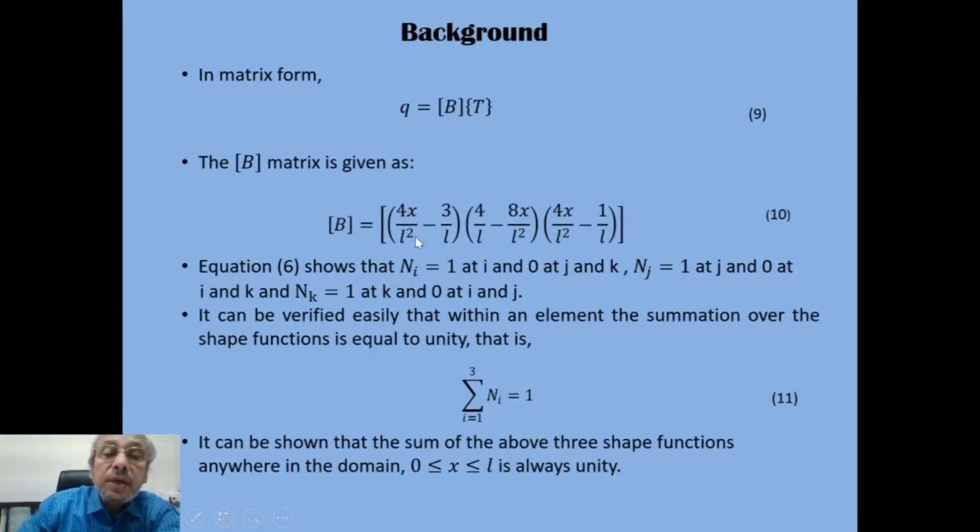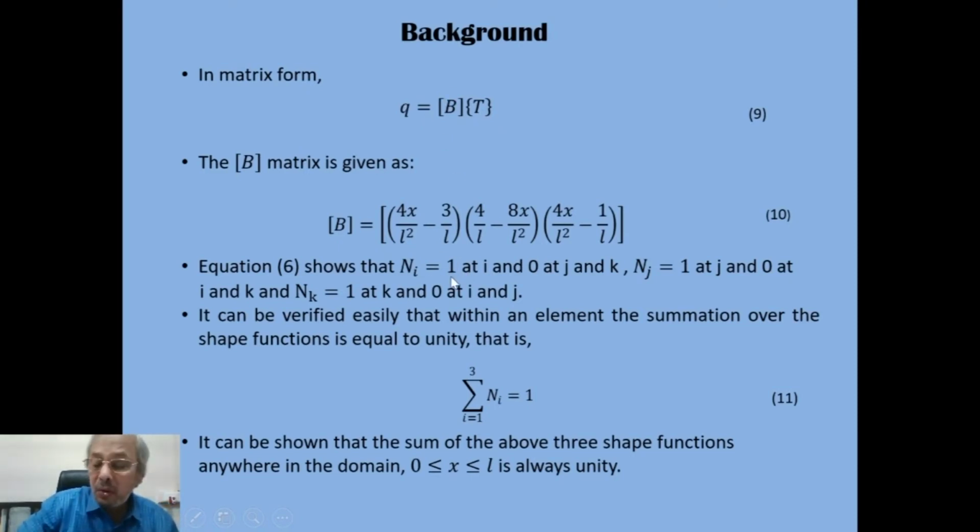First element is 4x by L square minus 3 by L. Second element is 4 by L minus 8x by L square. And third element is 4x by L square minus 1 by L. So this is the B row, and T is a column, Ti, Tj, Tk. So dT/dx we can write in a compact way.